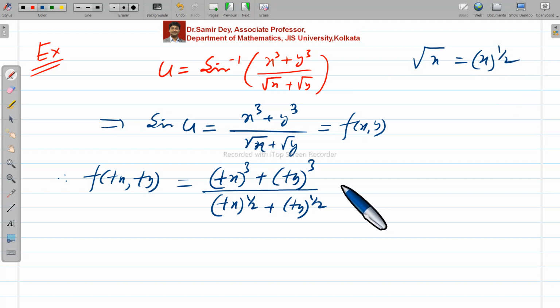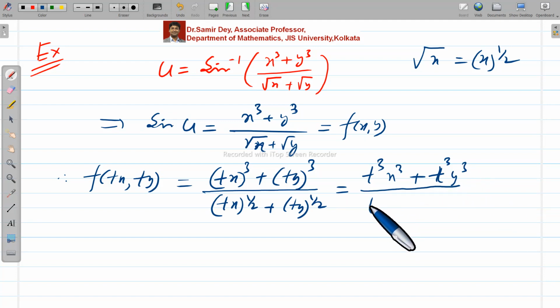Now what is common here? It is t cube x cube plus t cube y cube, by t to the power half x to the power half plus t to the power half y to the power half.